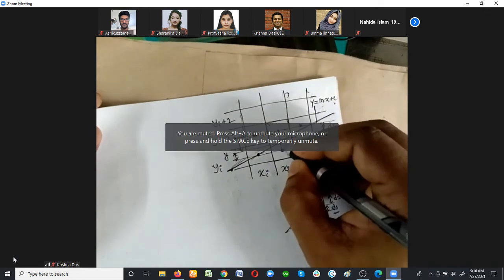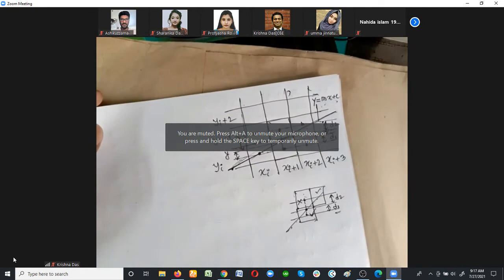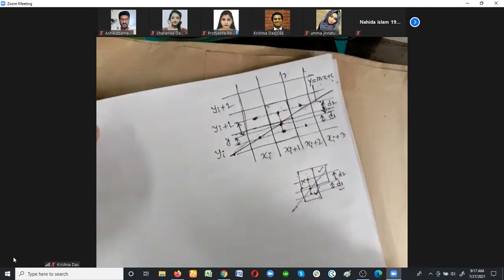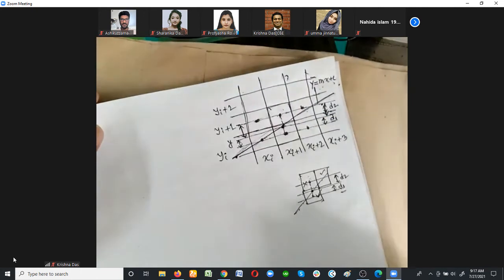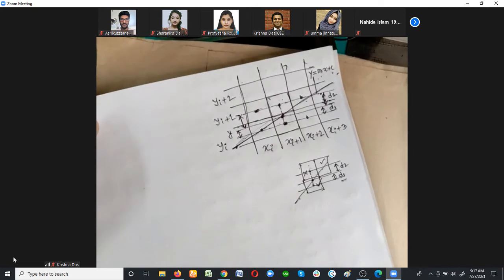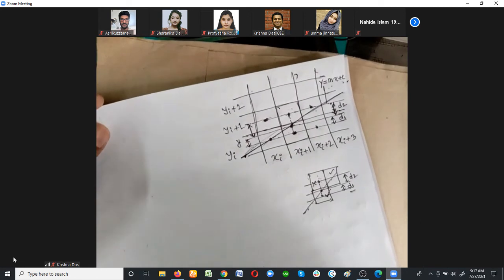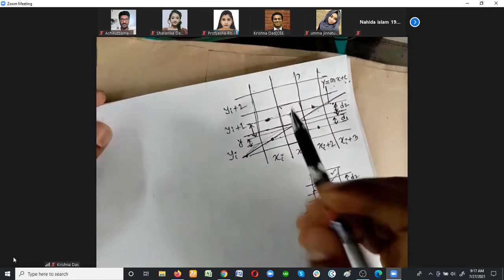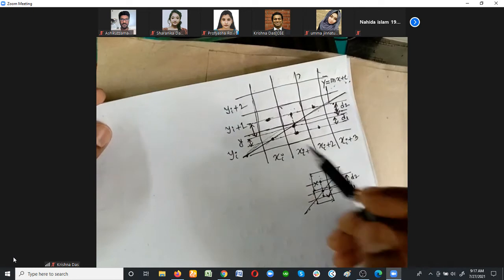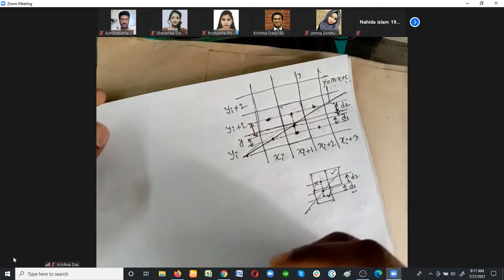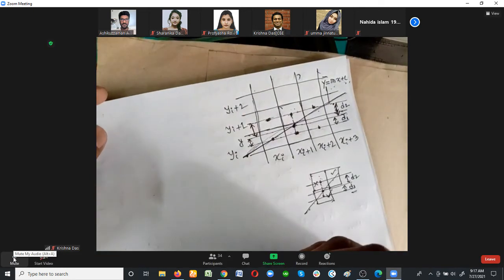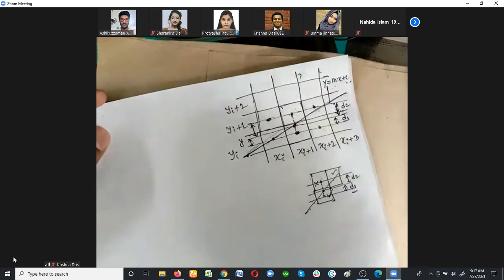Now I am telling this point is my y. The value for the coordinate is y. What is the x coordinate value of this point? The point I'm talking about, what is the x coordinate of that point? Xi plus 1, exactly.